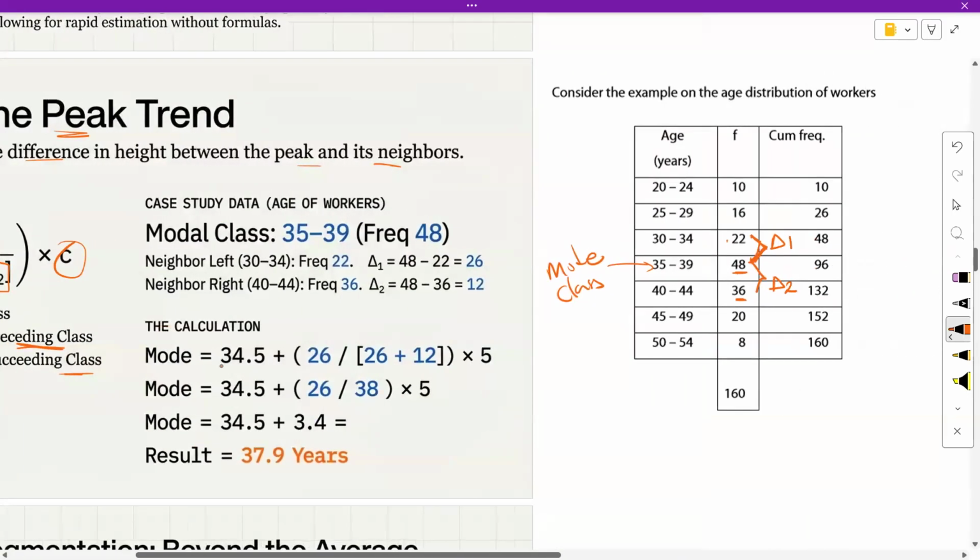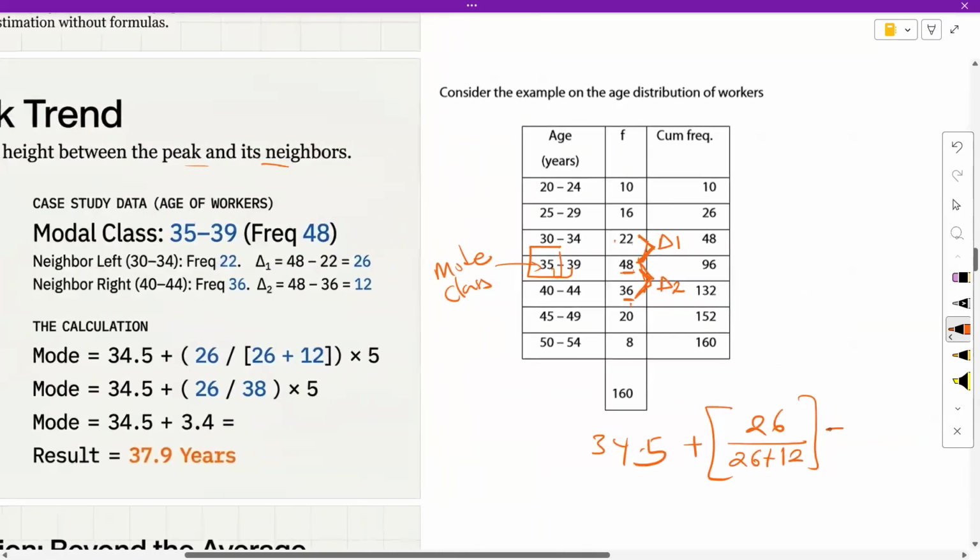Right, here in this example, we use the lower boundary, which is 34.5, plus delta 1, which is 48 minus 22, that is 26, and delta 1, 26, plus delta 2, the difference, which is 48 minus 32, that is 12, and the class width is 5.